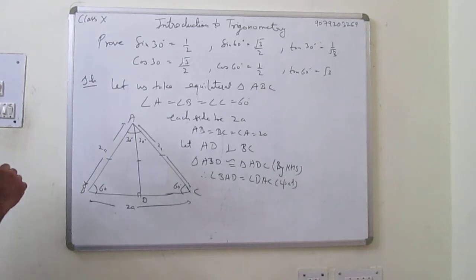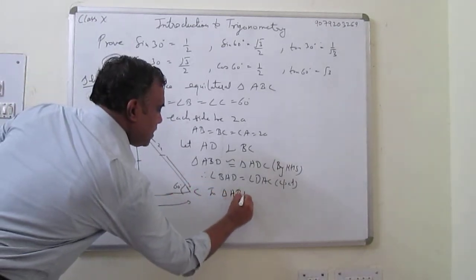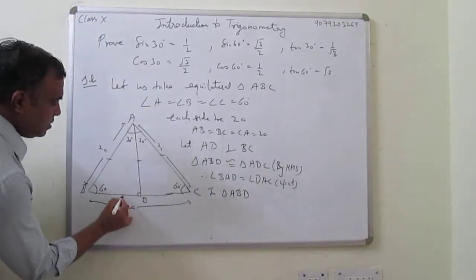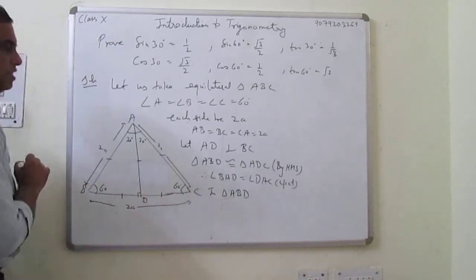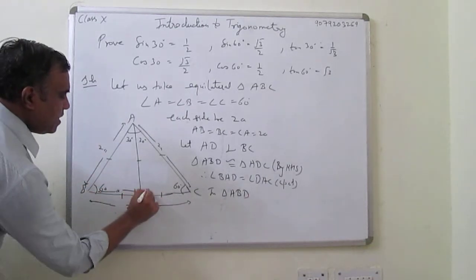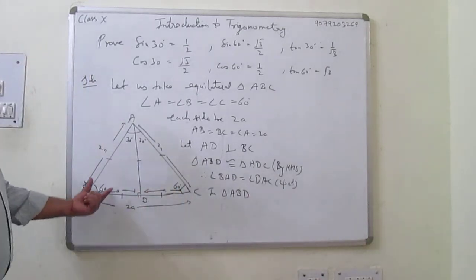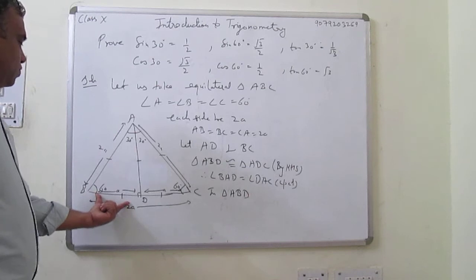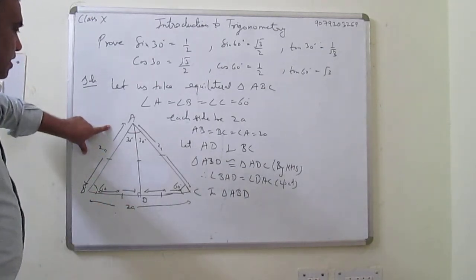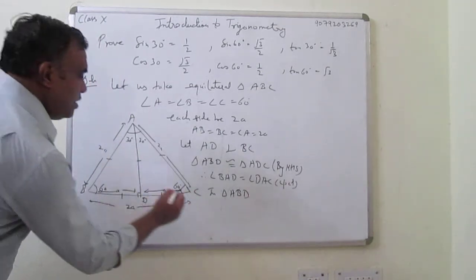Now I take triangle ABD. BD equals DC, also by CPCT, and each is A. In triangle ABD, BD is equal to A, AB is equal to 2A. So we can apply the Pythagoras theorem.